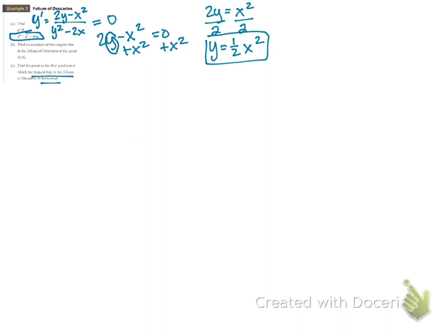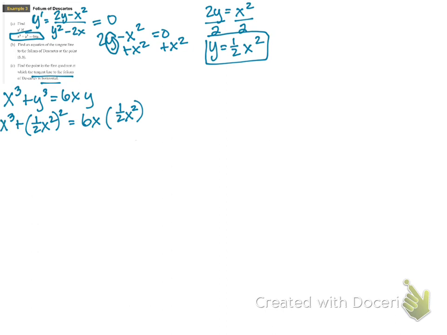So we're going into our x cubed plus y cubed equals 6xy equation. But instead of y, we're plugging in half x squared. So we're going to cube that? Yep, cube it, not square it.